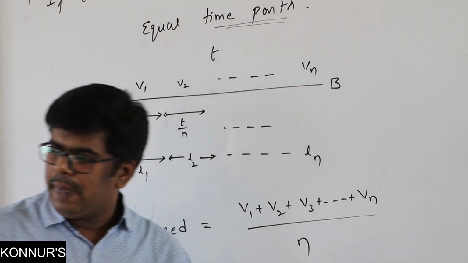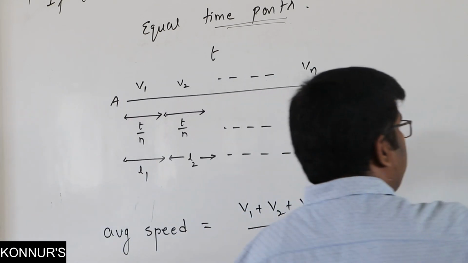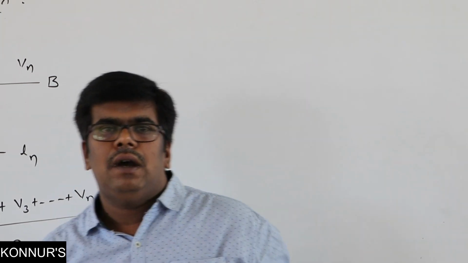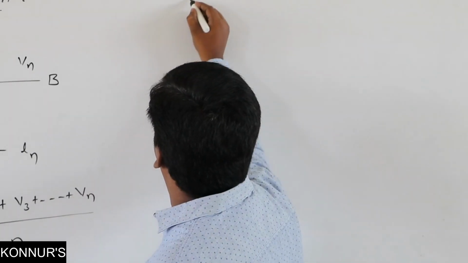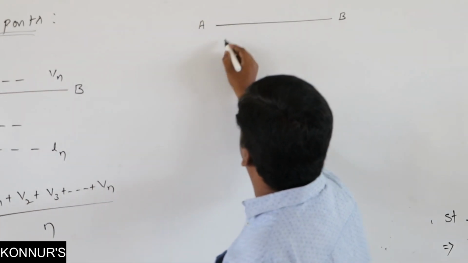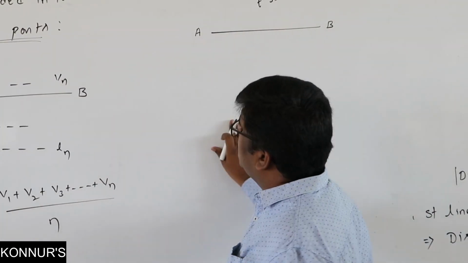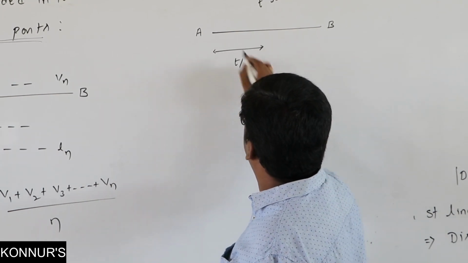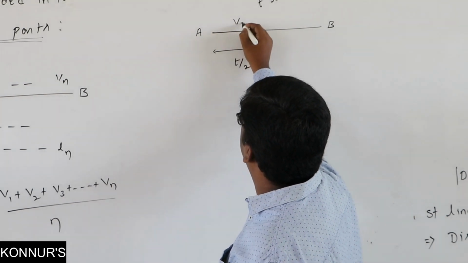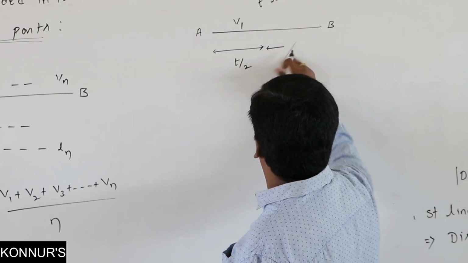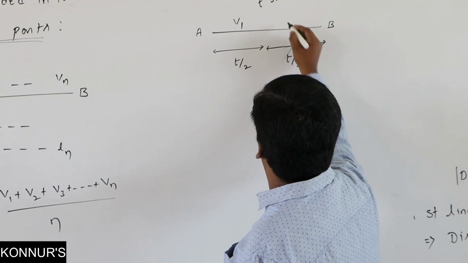Let us take an example. If a body travels from A to B in a time t seconds, the first half of the time, that is t by 2, it is doing the journey with a speed v1, and the remaining t by 2 time, it is doing the journey with a speed v2.